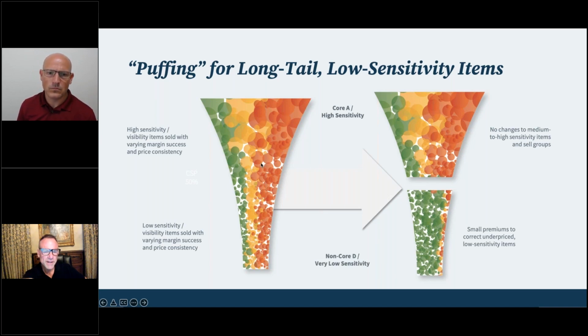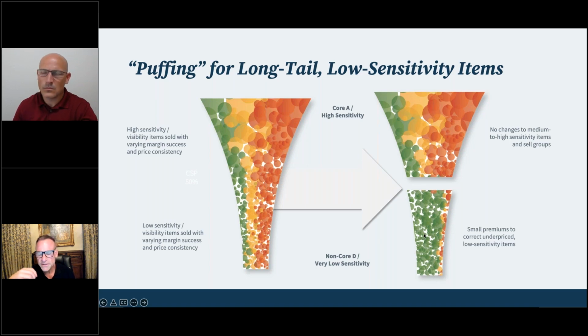As you see on the left, we might have a customer's entire market basket of products, with the most sensitive products at the top of the market basket, and then the less sensitive tail spend at the bottom. As we start to organize the top of the market basket into CSPs, and we allow matrix pricing to hit the bottom tail spend, then we can start to build small premiums into the cost basis of the product to account for the higher cost to serve and the lower price sensitivity.